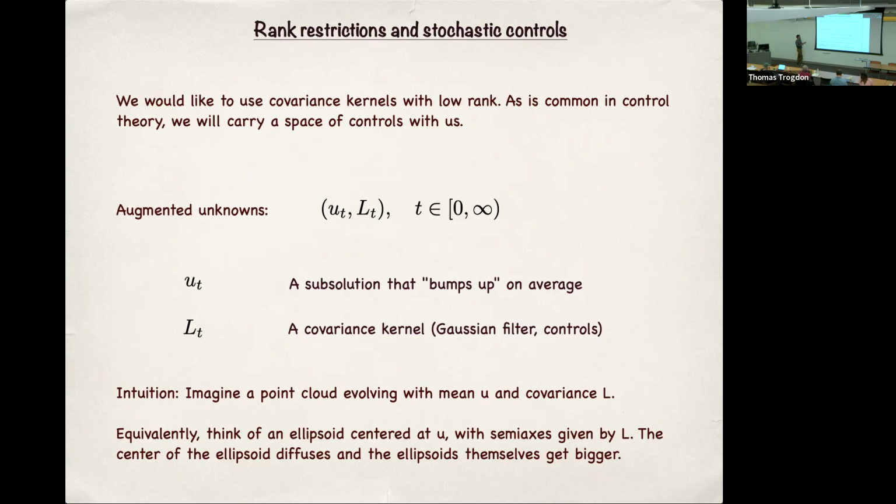So our unknown over here is not just a point. You really want to think about it as a Gaussian measure. You could think about it as a cloud of points, which is a common picture when one looks at the Kalman filter. Equivalently, you could think about the evolution equation that I'm writing out as the evolution equation for the ellipsoid determined by this PSD kernel, an ellipsoid centered at a particular point.